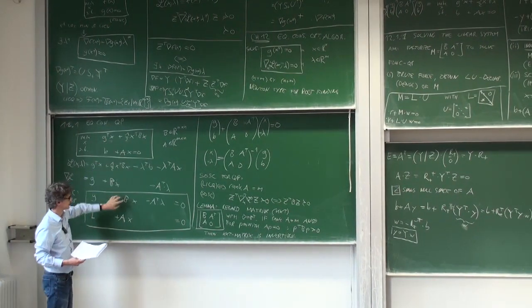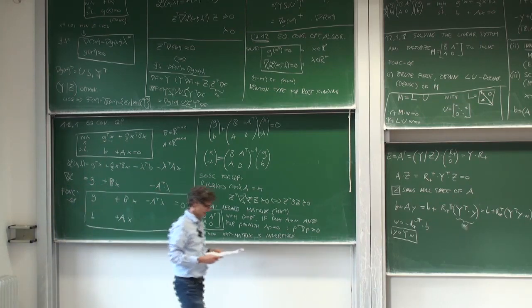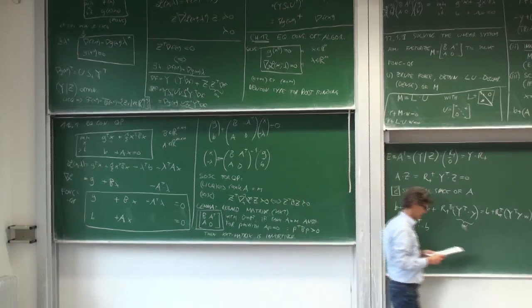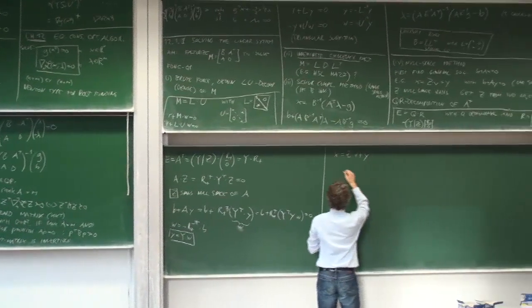And afterwards we can use this equation to find the value of lambda, if we want it at all. But let me just first try to plug it into the unconstrained problem.